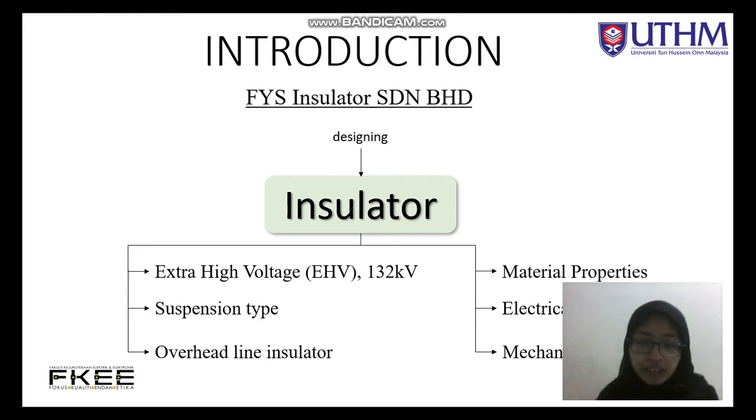And then for electrical properties, it is very important to have a high electrical resistivity to minimize the current leakage. And then for mechanical characteristics, this is so important in terms of the size and the diameter, to give good support for the insulator.